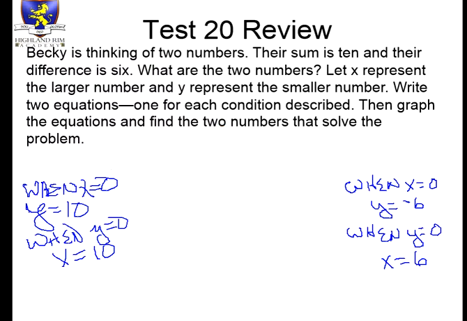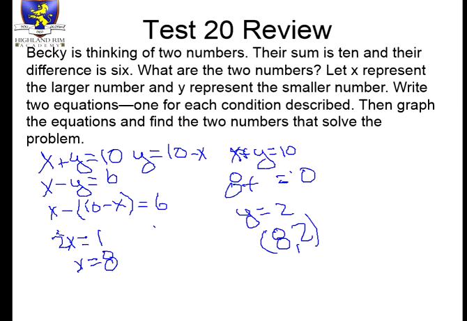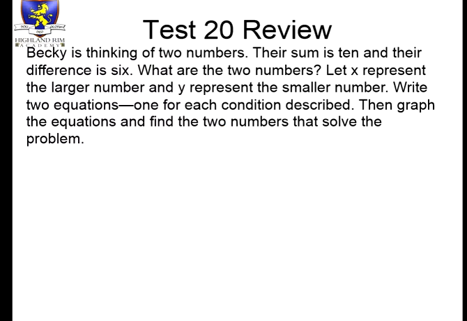And I'm going to show you one more way to do this, and that's going to be, we first take our first equation, and we're going to add the two equations together. So we have x plus y equals 10, and then x minus y equals 6.